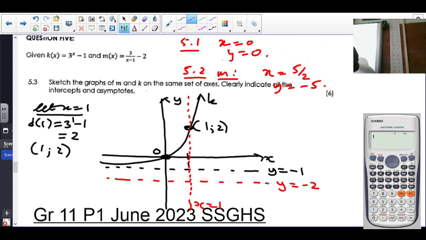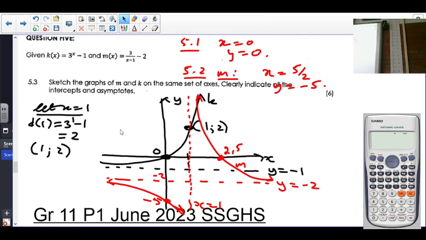So if that is 1, 5 over 2 is approximately here, which is 2.5. So the graph is coming close but does not touch. Okay, and this is the graph of M of x. And of course, if this is -2 here, -5 will be approximately here. Okay.